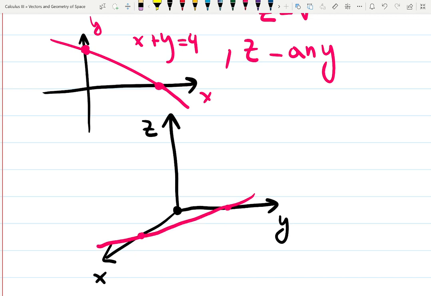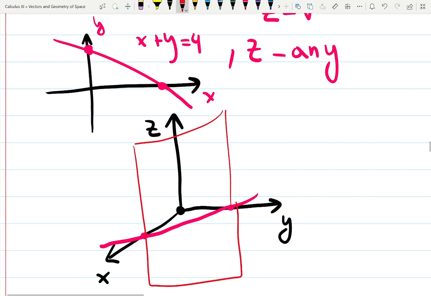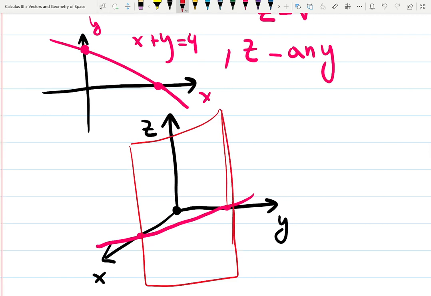This is the line. X plus Y equals 4. Now Z is there. Z exists. Z stretches this line up and down, right? So I'm gonna take it and stretch it up and down. So it has a height now. That is a plane. It's a plane parallel to Z axis. So it is a plane in 3D.